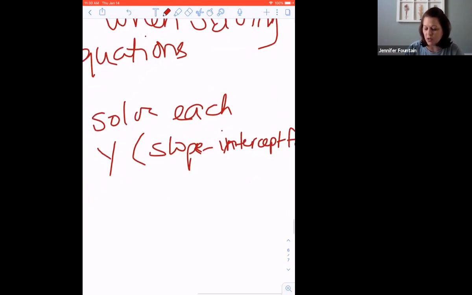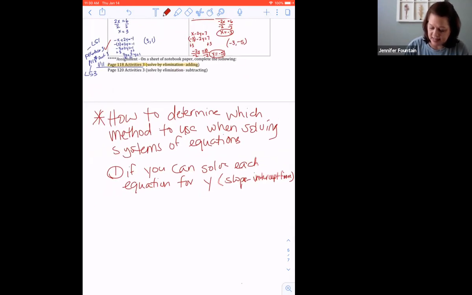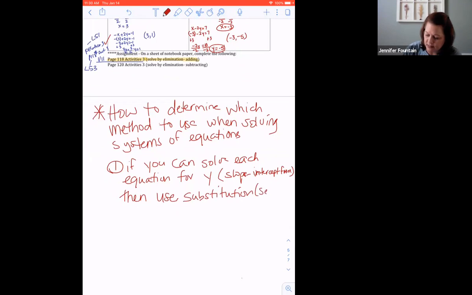So if I'm able to solve for slope-intercept form, then use, we called that, see, our book called it setting the equations equal to, but I think we called it substitution. Then use substitution, and I'll put in parentheses, setting equal to each other.